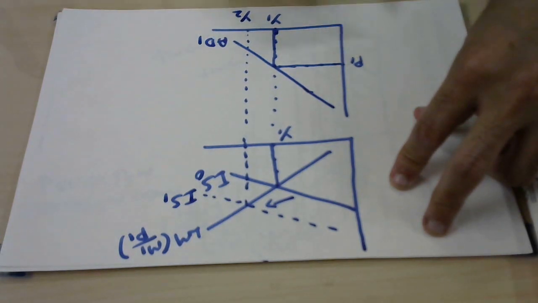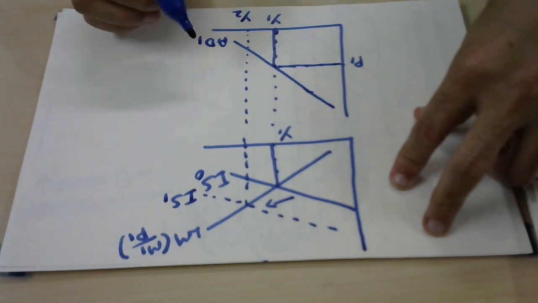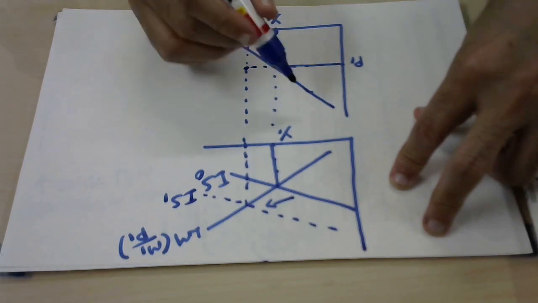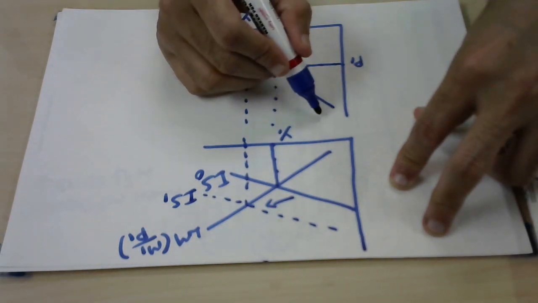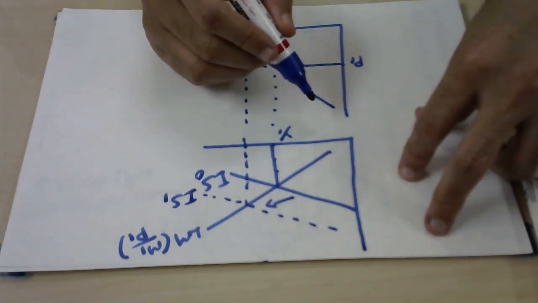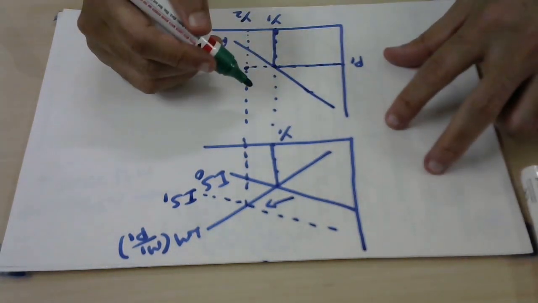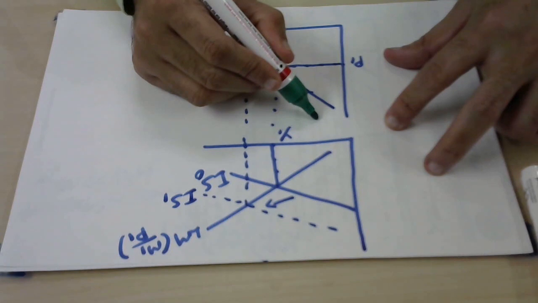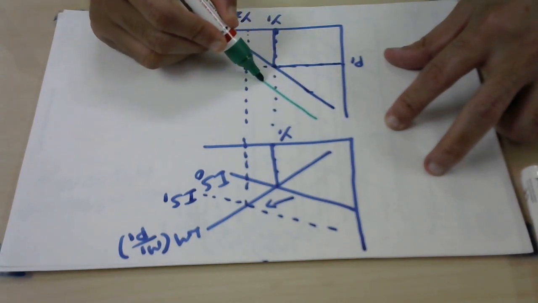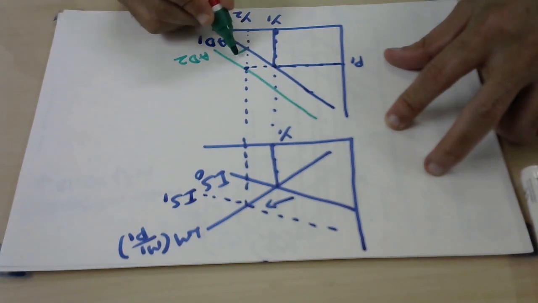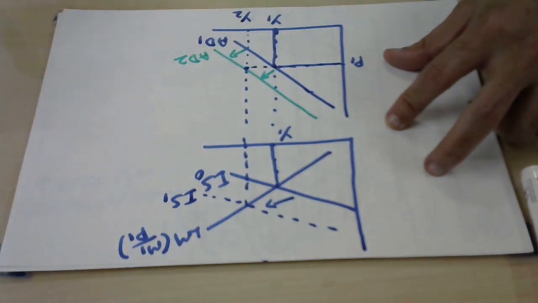I have taken only one price point so that the diagram is not cluttered. Now the same price level corresponds to a higher level of GDP. So the curve is shifting from AD1 to AD2.